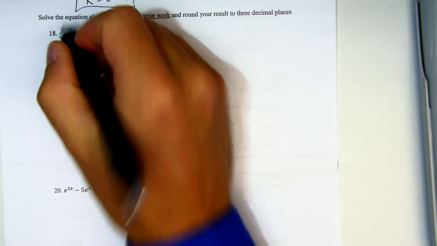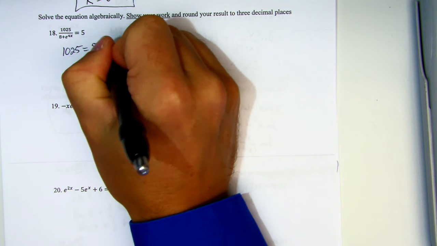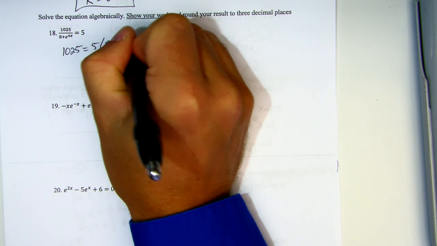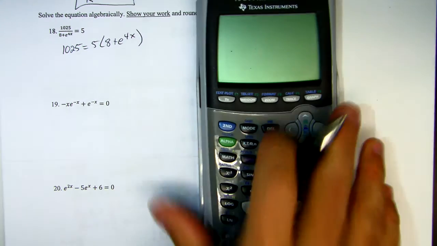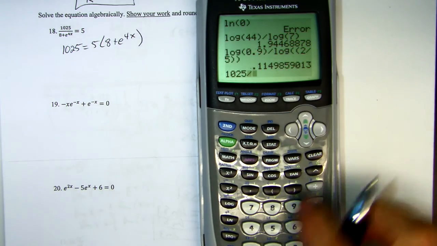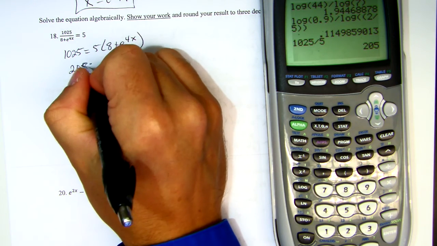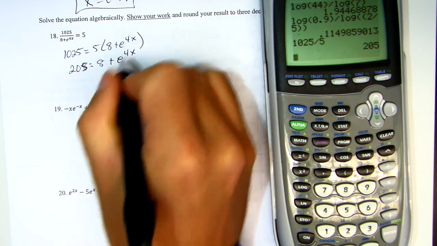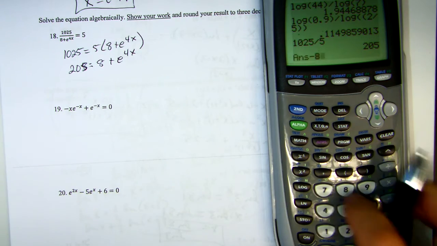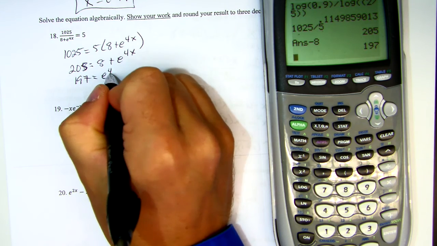I'm going to multiply both sides by the denominator. Okay, I'm going to divide by 5. 5 equals 8 plus e to the 4x. Subtract 8. So I get 197 equals e to the 4x.